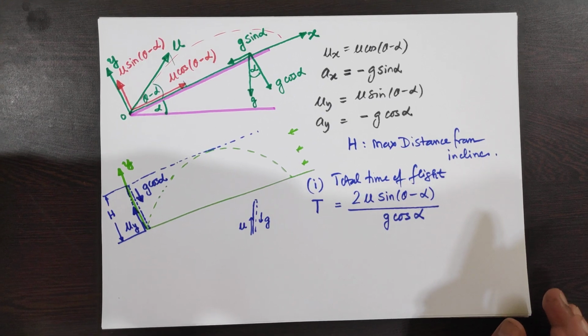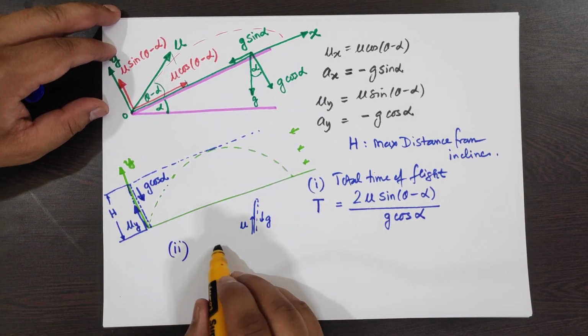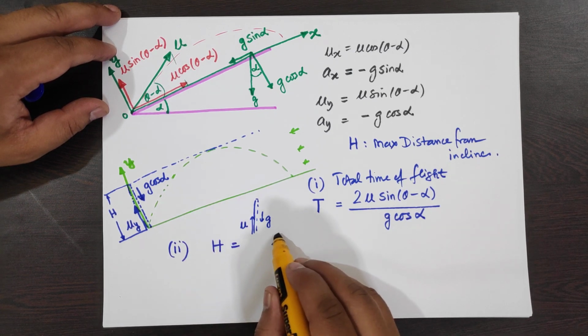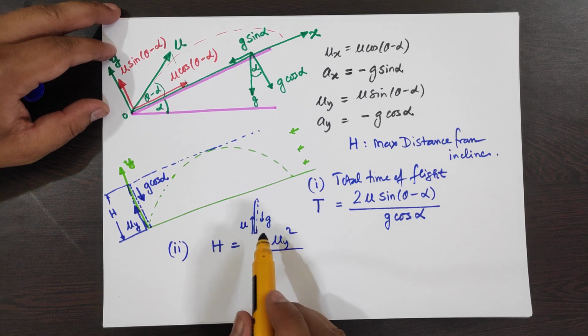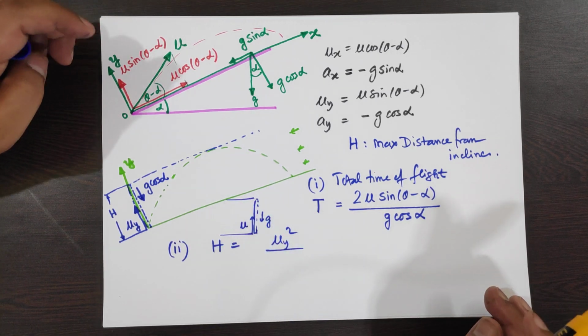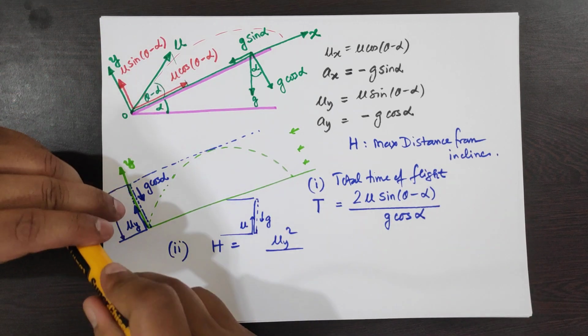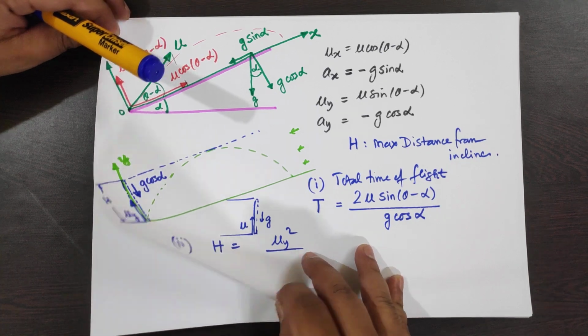Now the maximum distance of the particle, h. Let's make a new diagram here.